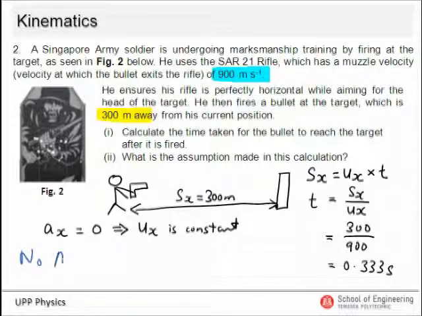No air resistance. Because in the presence of air resistance, the bullet may slow down, and a_x, the horizontal acceleration, will not be 0. So we are treating this question to be in the ideal situation where it is in a vacuum. The bullet does not experience any deceleration.